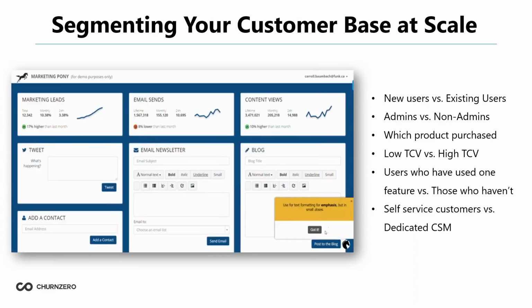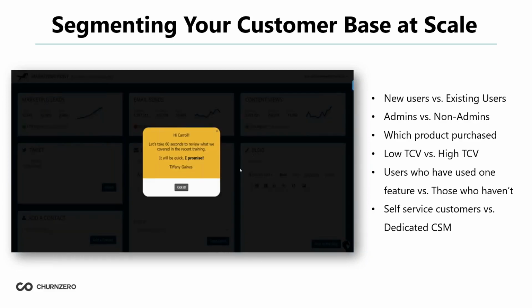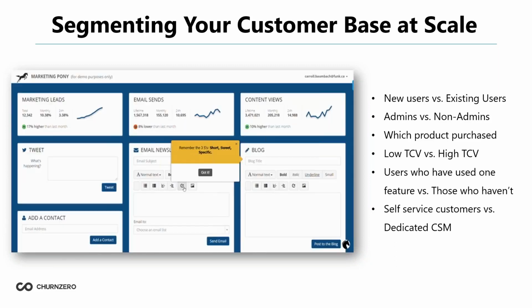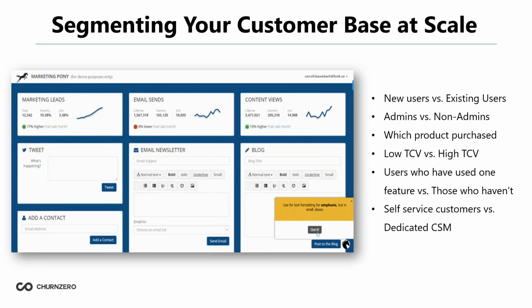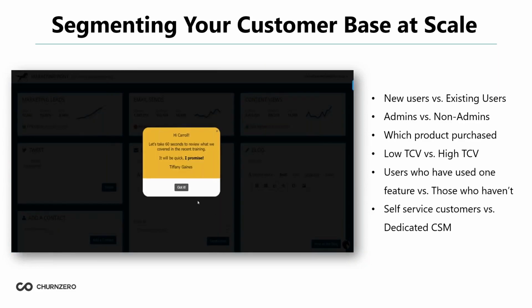Depending on which product or module somebody has purchased, they might see a completely different walkthrough. I don't care to see a walkthrough about something I didn't purchase. Maybe I have a completely different talk track for my lower revenue customers versus my higher revenue customers.